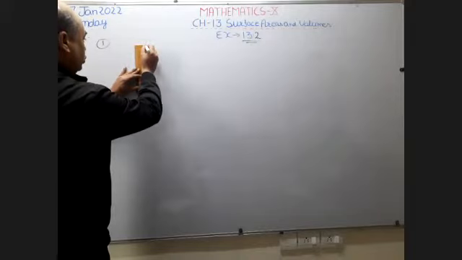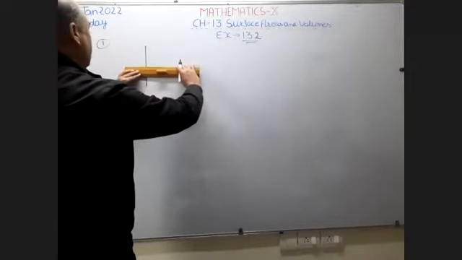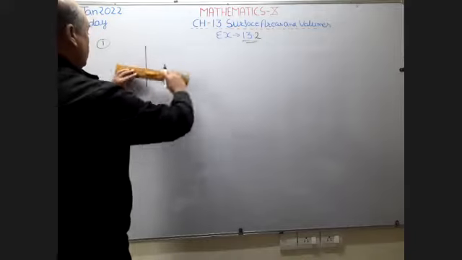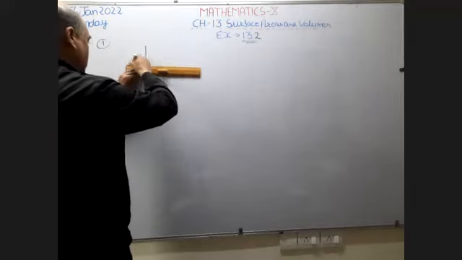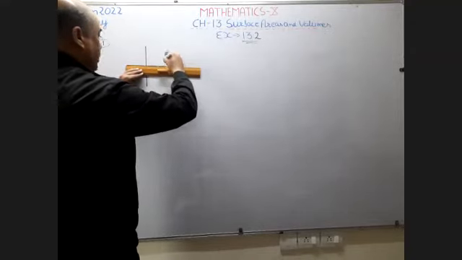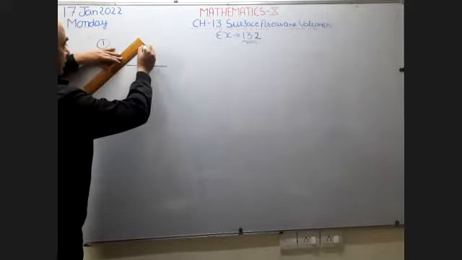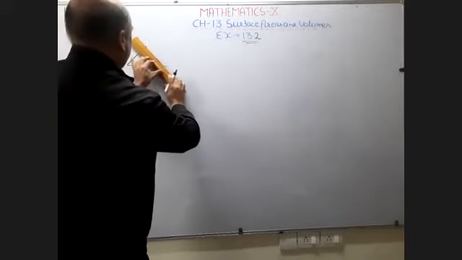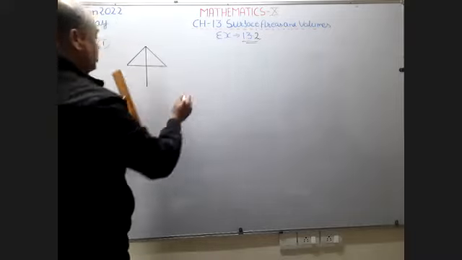One is in the form of hemisphere, another one is in the form of cone. And in this question, cone has the same height as its radius. Means in cone, radius and height both are equal to each other. It is given.